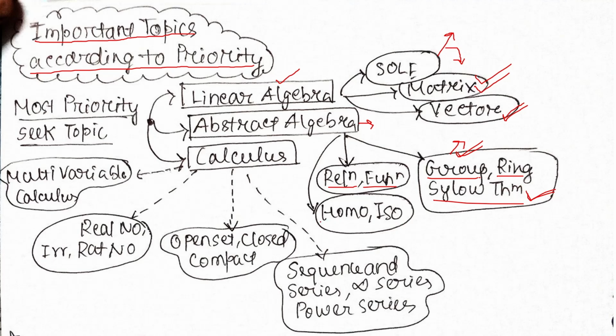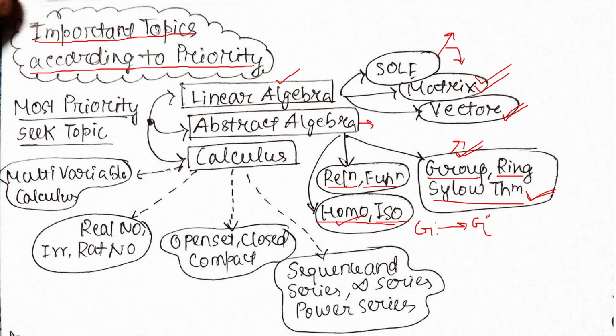Again, after that, you have to cover the homomorphism and isomorphism of groups. It is a relation from a group to another group, G to G dash.